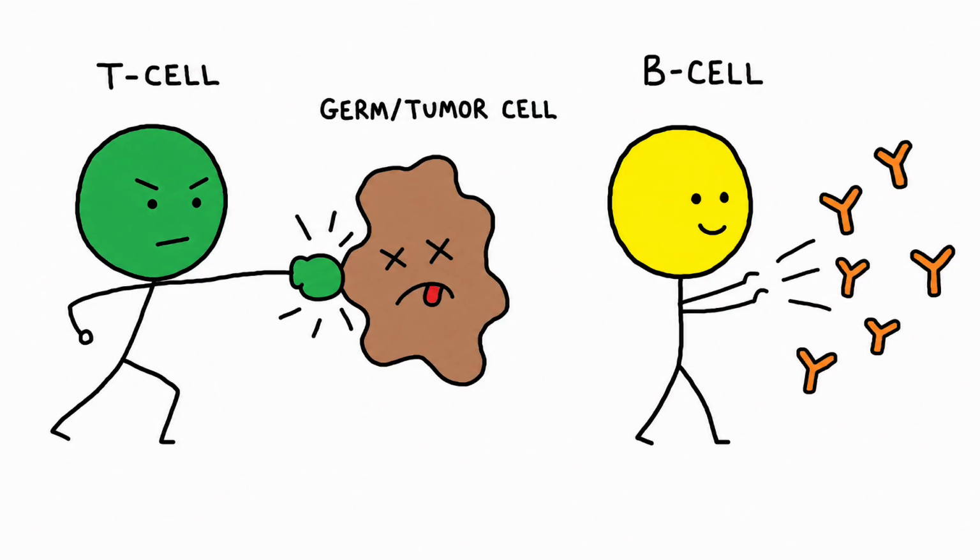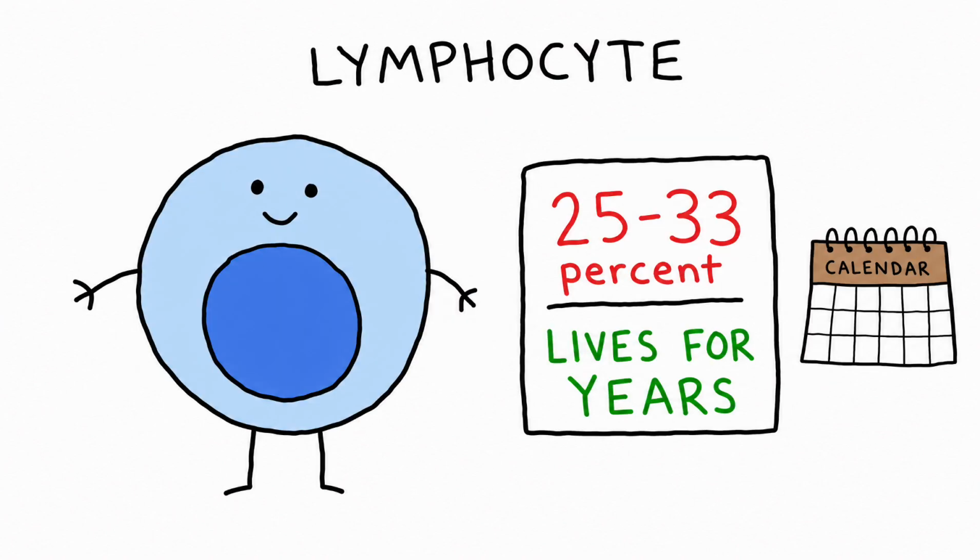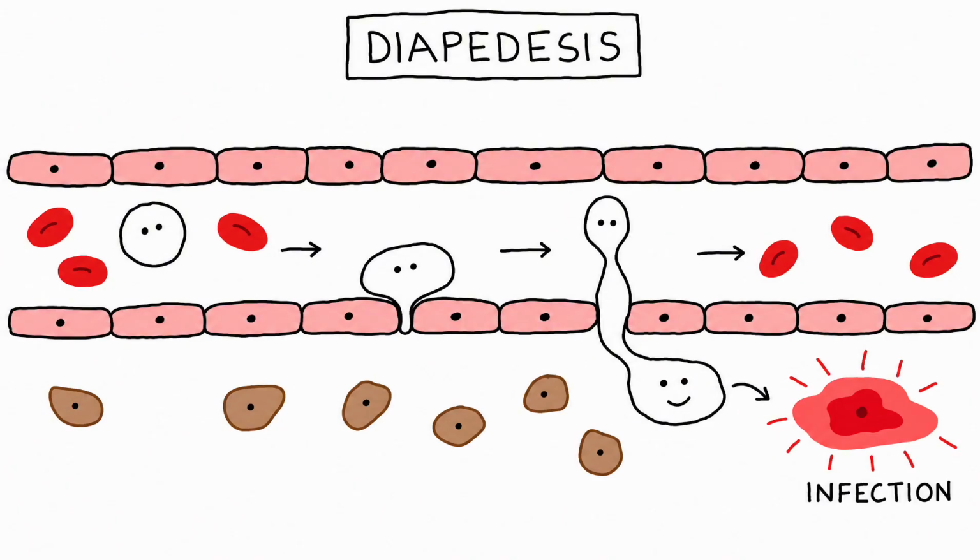T cells will directly attack pathogens or tumor cells, whereas B cells will actually produce antibodies to attack foreign substances. Lymphocytes make up 25 to 33% of the leukocyte population, and these cells can live for years. They have a nice long lifespan.